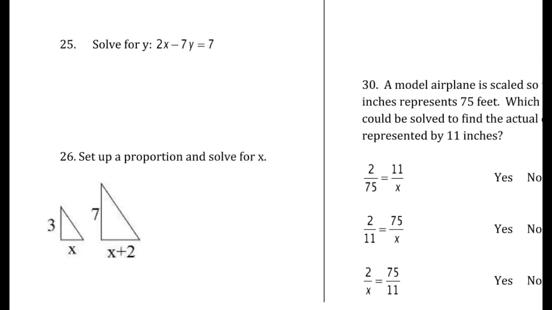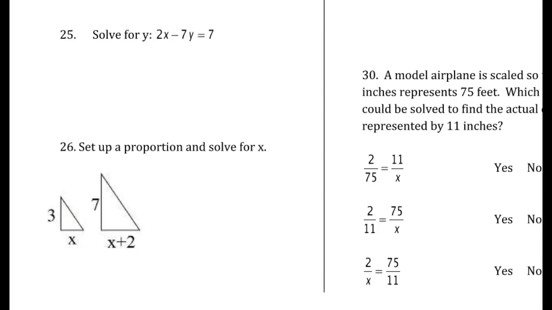Okay, let's do a little solving for y, number 25. So we want to get this by itself. So we have a 2x, and it's minus 7y. Move this 2x to the other side. What we're solving for is the same thing as get it by itself. So to get this by itself, you got to do 2 things. Get rid of the 2x, get rid of the negative 7. So first step, subtract to get rid of the 2x.